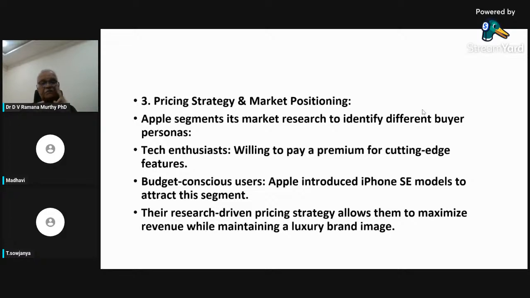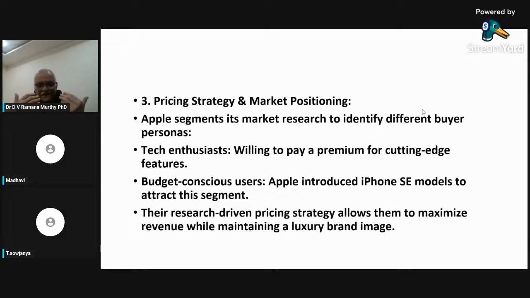Second type of customers are budget conscious users. These users are not interested to use all the features. So Apple introduced iPhone SE models to attract this particular segment, budget conscious. They can get an iPhone. Yes, they feel proud enough that they own an iPhone, but at the same time they are budget conscious.